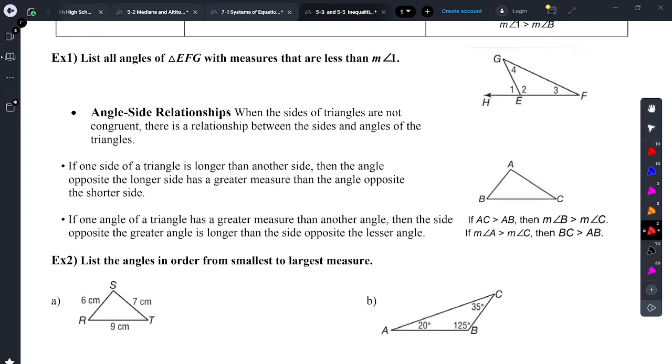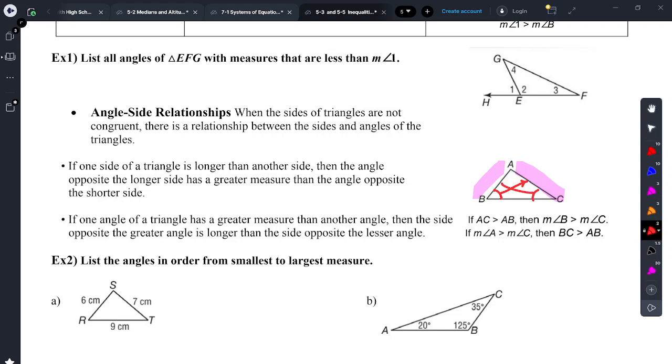Yeah? All right. And then the angle side relationship is a nice one to know. Okay? And basically all it says is if a side is longer, so if this side, just by looking at it, is longer than this side, then that means that this angle is greater than this angle.